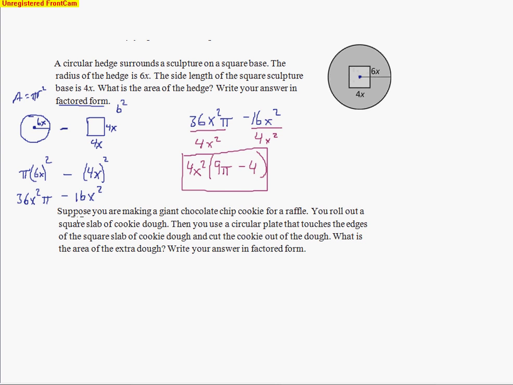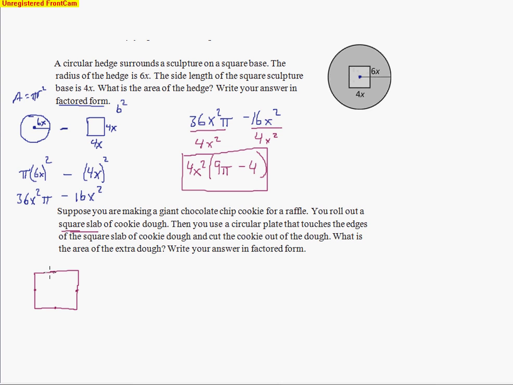Let's say you are making a giant chocolate chip cookie for a raffle. You roll out a square slab of cookie dough. Okay, square. So it's going to be like this, and then you use a circular plate that touches the edges of the square. It would touch here, here, and here, and then you cut out that section.